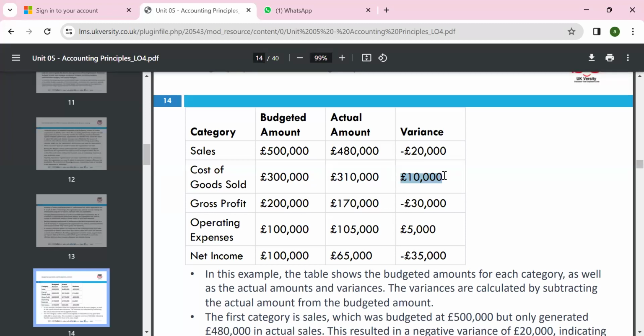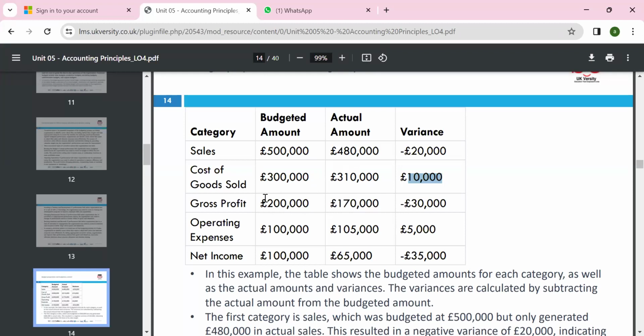Any questions? 310,000 minus 300,000. We said we purchased goods that cost us 300,000. When we went into the market, the goods we sold, we purchased for 310,000. So we spent 10,000 more.